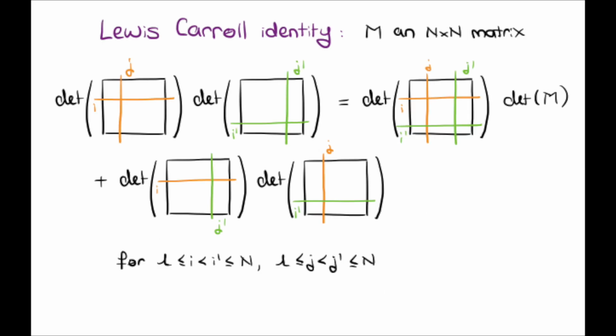So as I said, that's a nice closed formula. And it's also interesting because we can use relations on the determinant. There are lots of relations you can write on the determinant. The one I'm going to be interested in is the Lewis Carroll identity. So if you have an n by n matrix, then you have this relation.